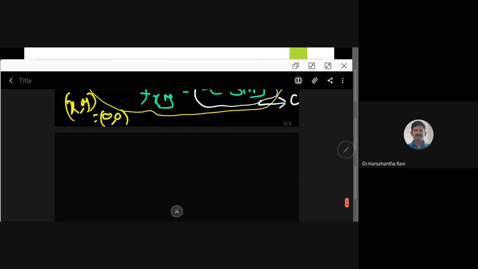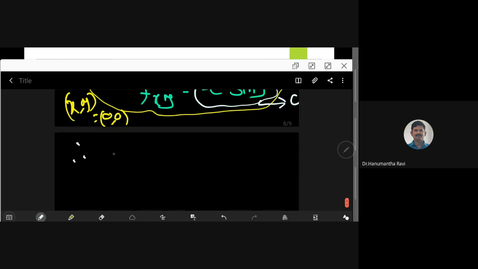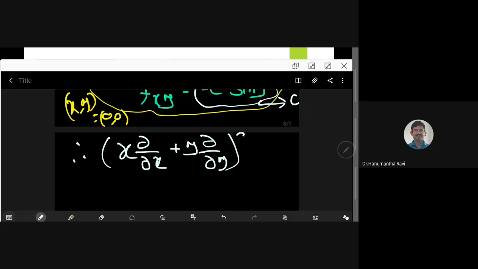What we will get therefore, (x ∂/∂x + y ∂/∂y) whole square at f(0, 0), we mean x² into f_xx at (0, 0), which is 1, plus y² into minus 1.